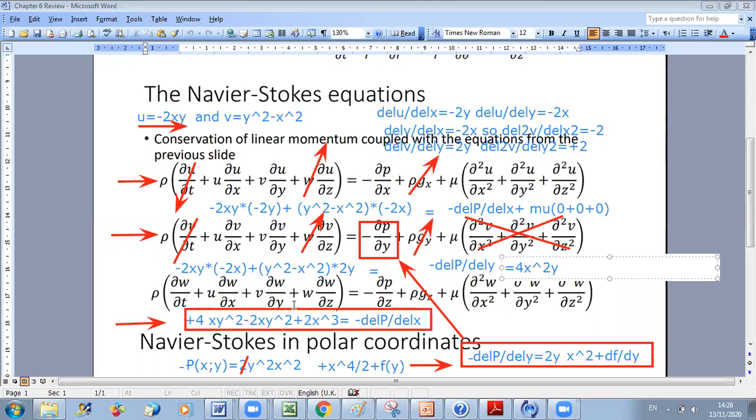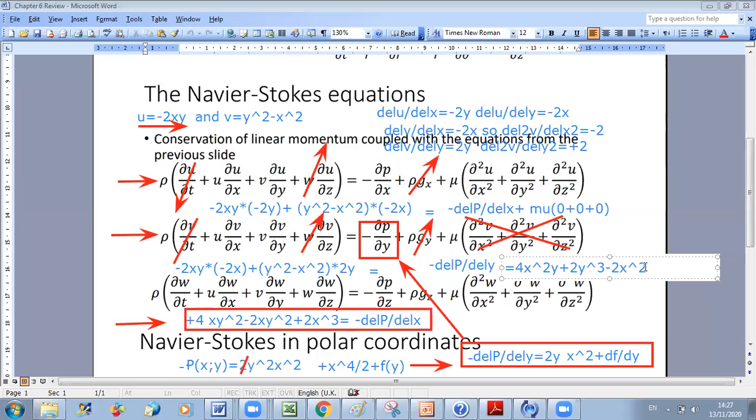And I have plus 2y cubed, and minus x squared times 2y.